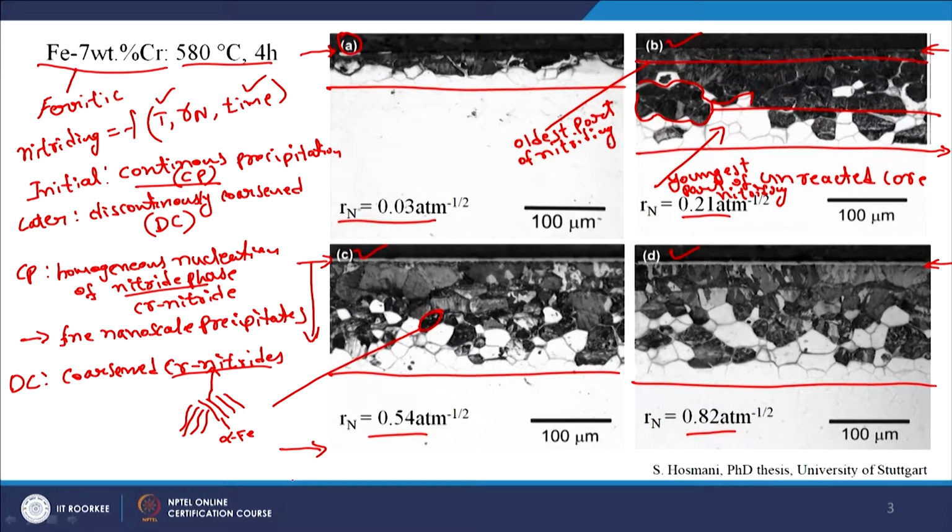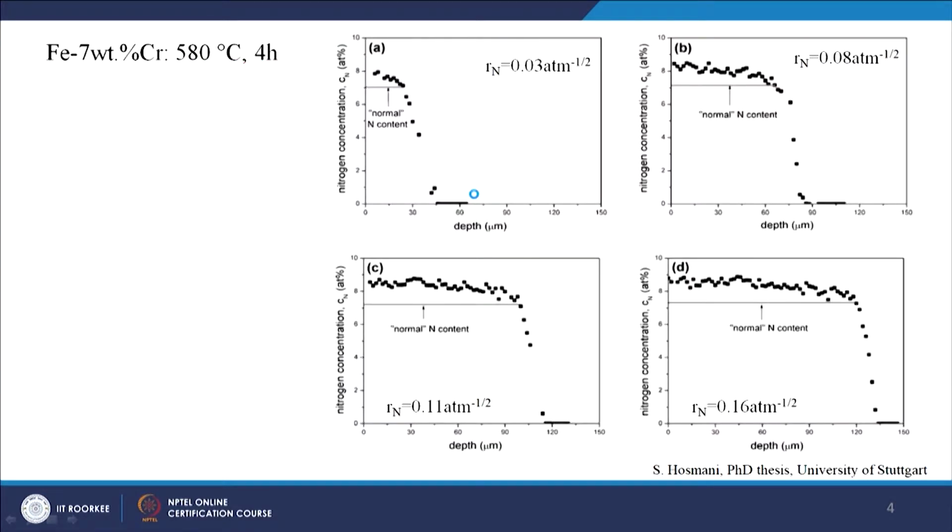Now, if we look at how the nitrogen profile evolves, that means from the surface to inside, we want to see how the nitrogen concentration is changing as a function of depth, because that is where you will know the kinetics of the process. So, what is shown in this slide is again the same iron 7 weight percent chromium.